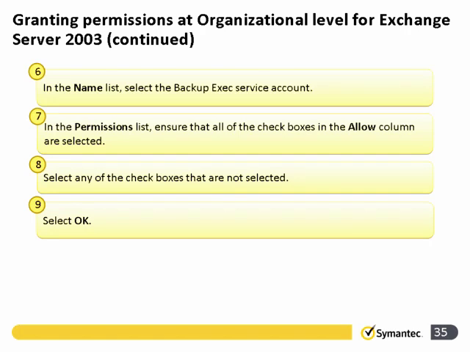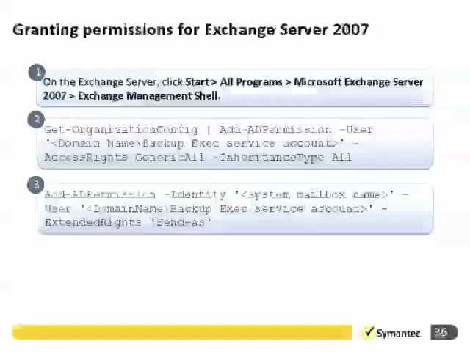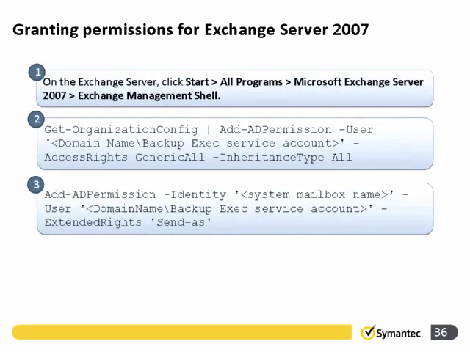There are many steps involved. This is also listed in a knowledge base article on Symantec.com/support. To grant permissions in Exchange Server 2007, you need to run this from a command line. Again, follow the directions you see listed here or in the materials for your course.